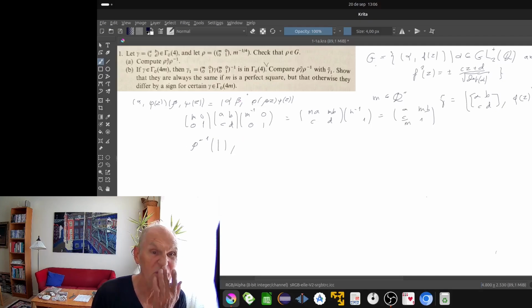And then it's, if this must give the unit of G, which is the unit, what's it called, the matrix giving the identity? The matrix 1, and the function is just 1, constant 1.